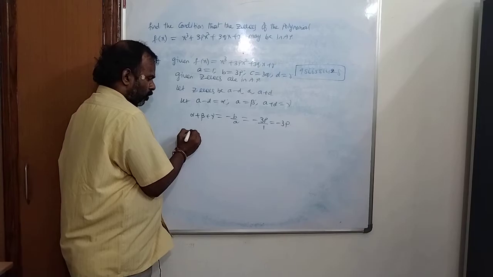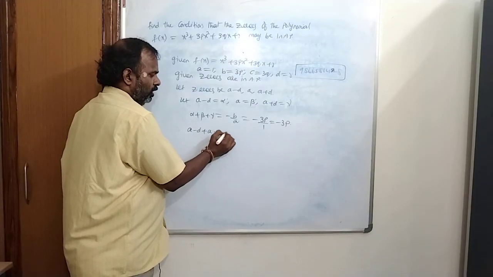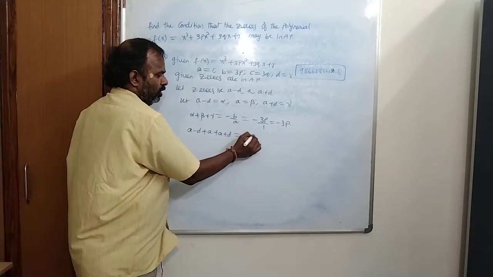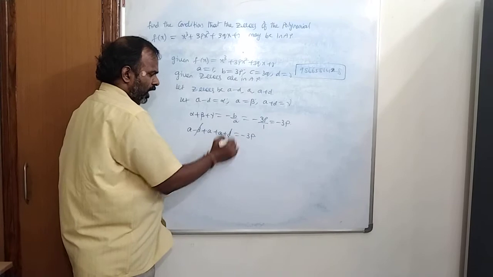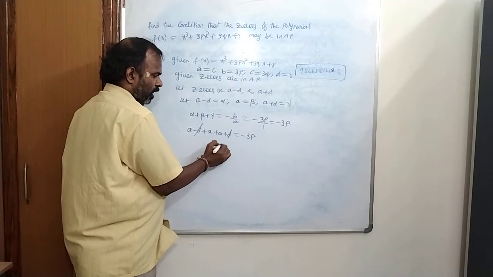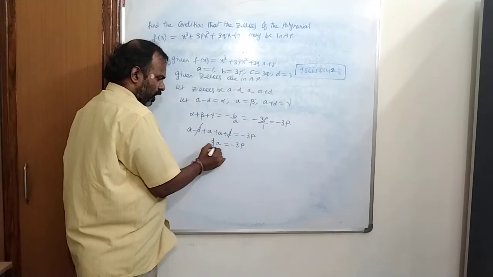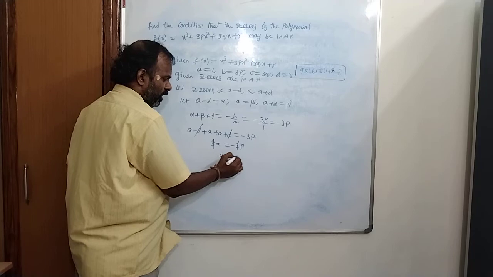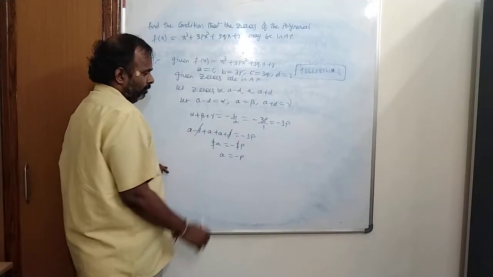Now alpha is what here? a minus d, a, a plus d is equal to minus 3p. Minus d and plus d will get cancelled. So a plus a, 3a is equal to minus 3p. 3 and 3 will get cancelled. a is equal to minus p.